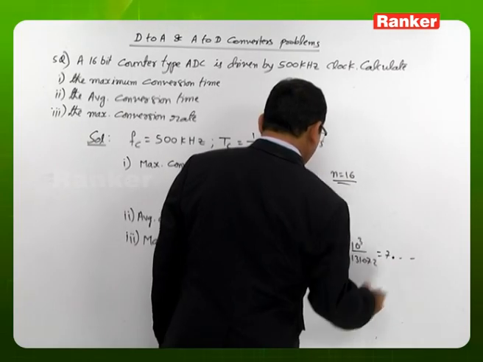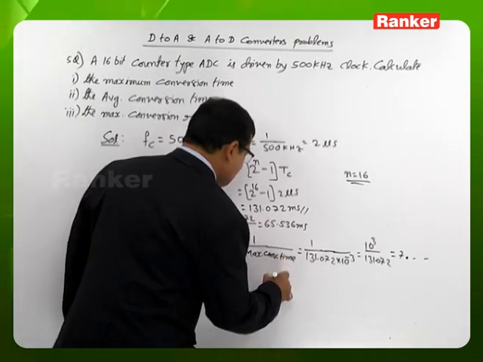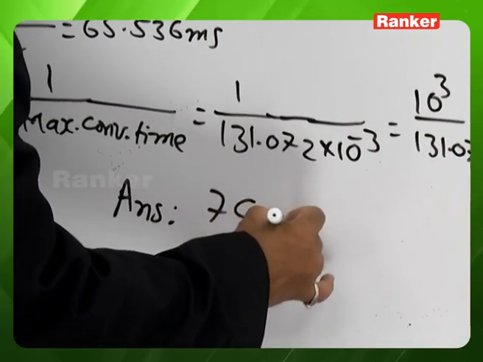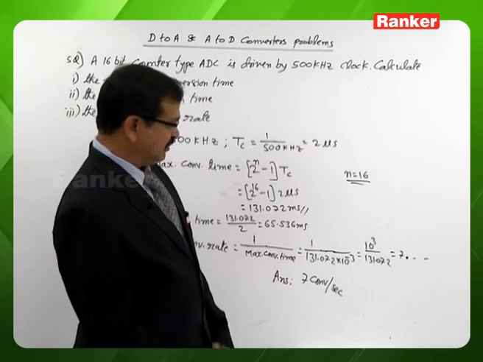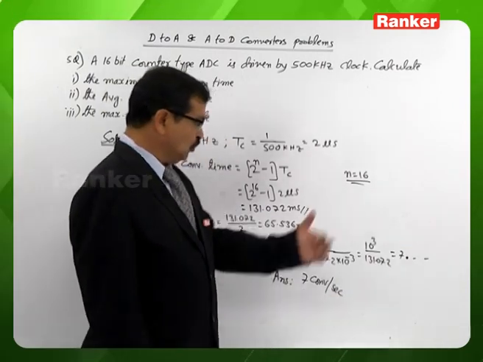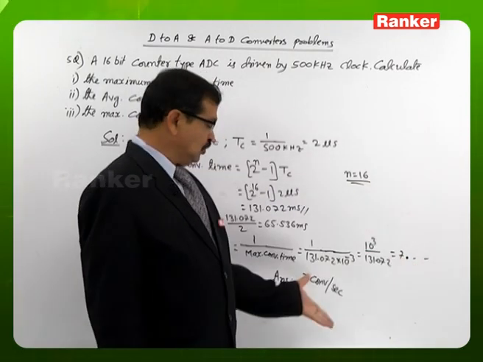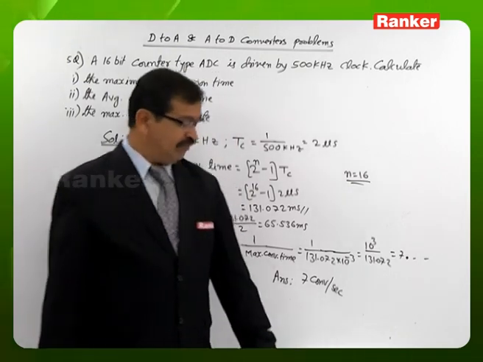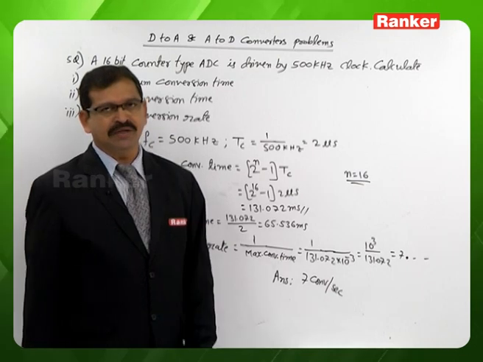But we are bothered only about how many conversions per second, an integer value. Hence the answer is 7 conversions per second. We must go for the lower side, not the higher side. We should not go for 8, we must go only for 7. If we go to 8, it exceeds 1 second. We have to look at how many conversions are possible within 1 second. Within 1 second, 7 conversions are possible. Hence the answer is the lower side, 7 conversions per second.